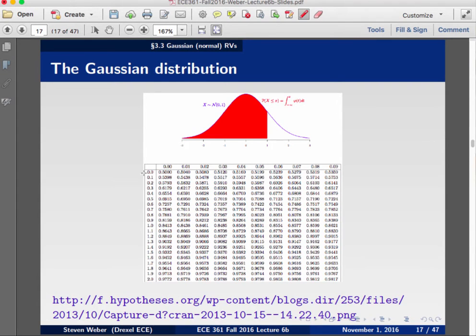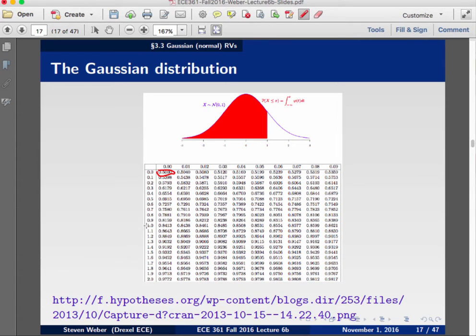So in particular, at 0.00, the probability that a standard normal is less than or equal to that number is 0.5. As you would expect, if I look at 0.00, the probability that the random variable is less than that is exactly 1/2. 1/2 the mass lies left of 0.